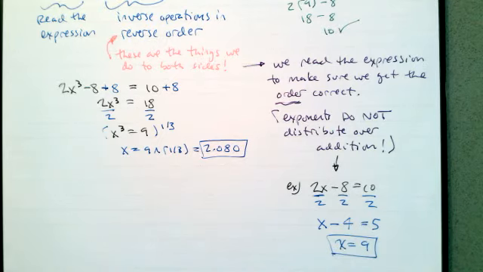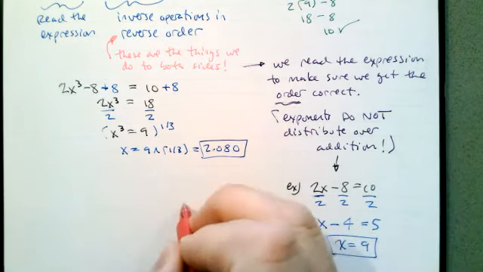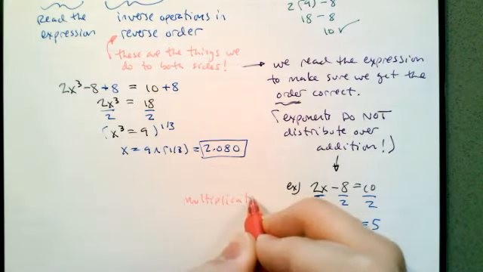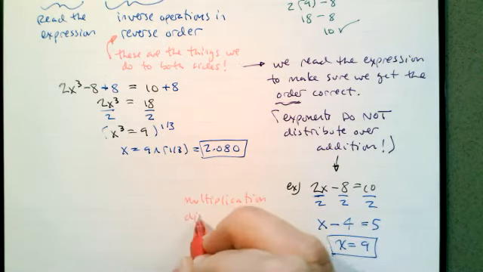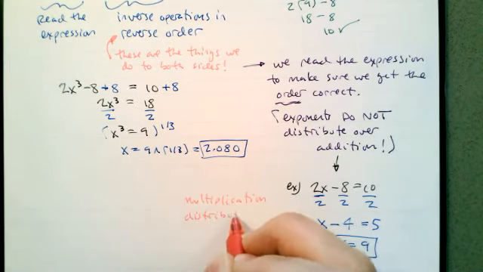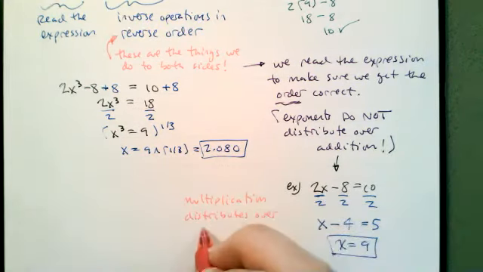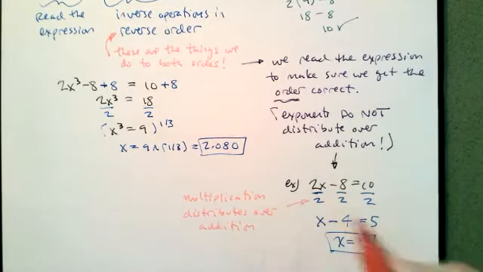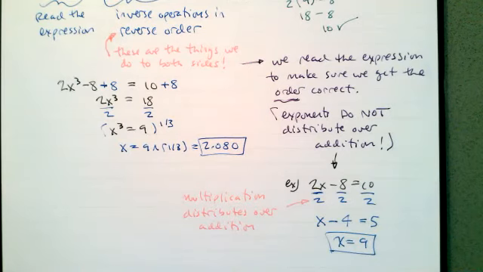We can undo the multiplication, then undo the subtraction, because multiplication distributes over addition. So the order was okay here because multiplication distributes over addition. That's why we were able to do this order.